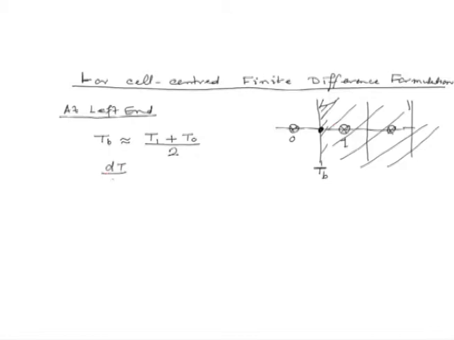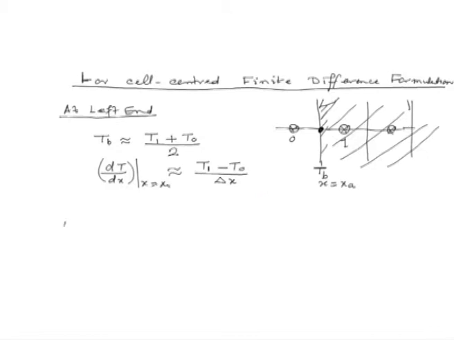So, dT by dx at x is equal to xa, our left end, would be approximated as T1 minus T0 divided by delta x. So, you need to just take care of these two definitions in deriving the expressions and the corresponding pseudocode for incorporation of either Dirichlet boundary condition or Neumann or convective boundary condition.